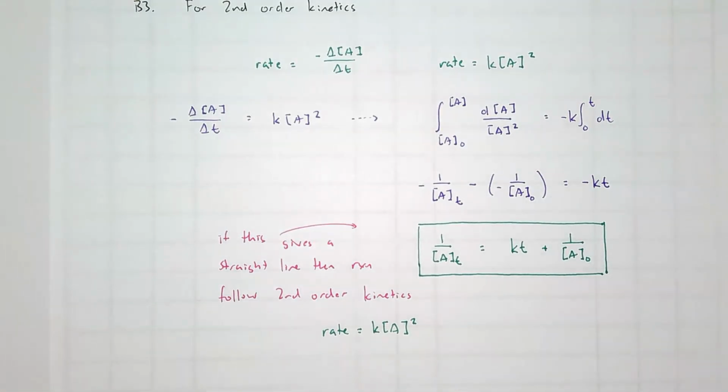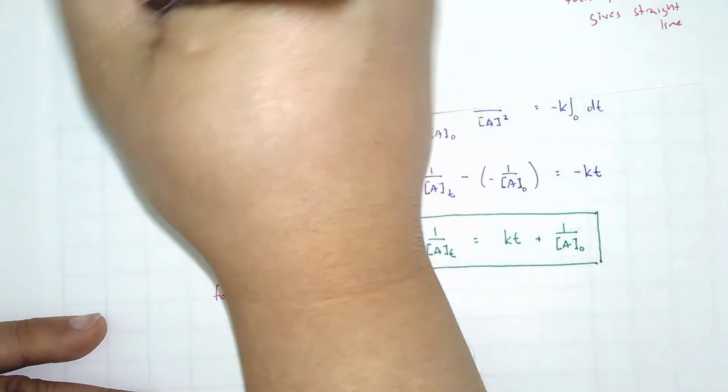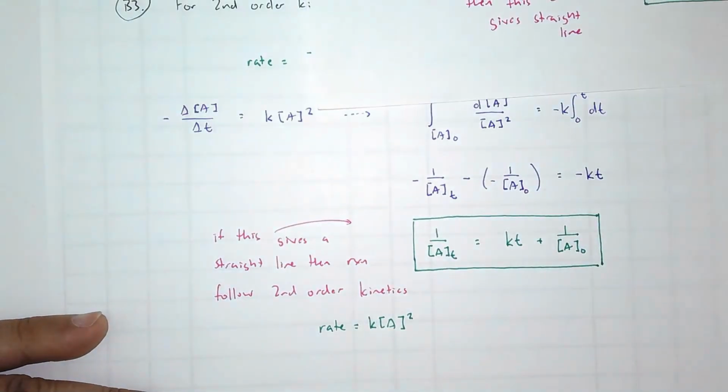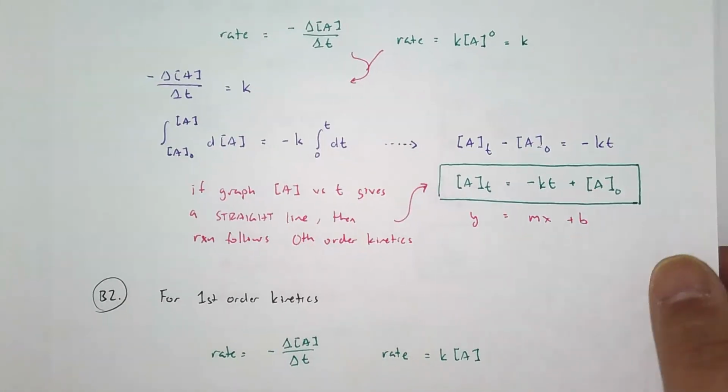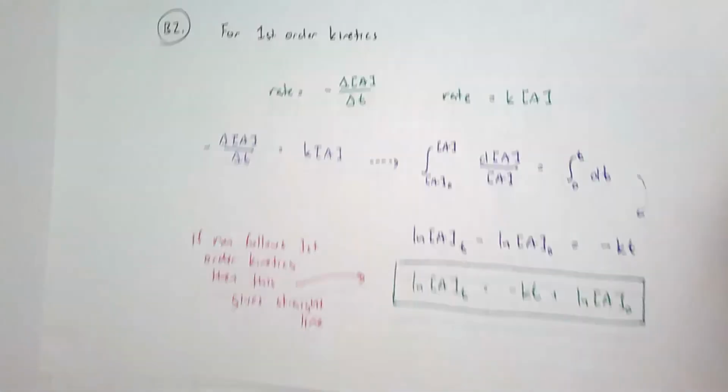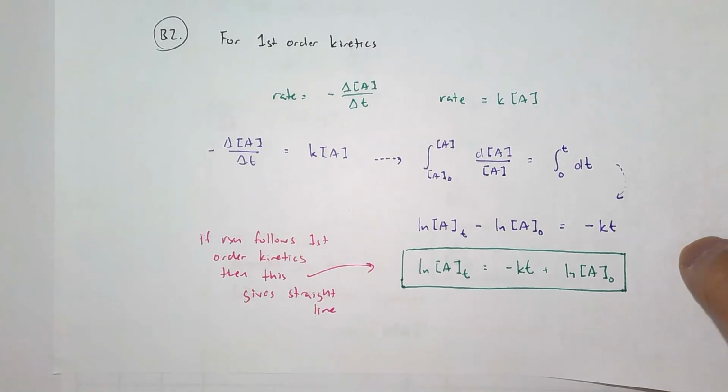Okay, I have here a summary. Before I show you the summary, a good exercise would be to take all of these integrated rate laws and ask yourself, what do these equations of lines tell you? What can you get from them?